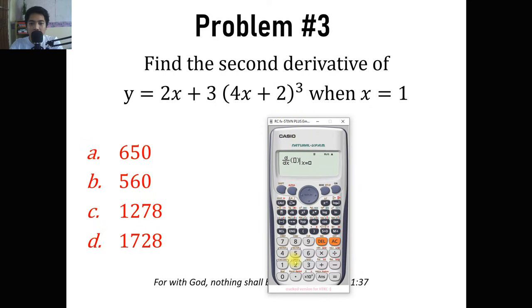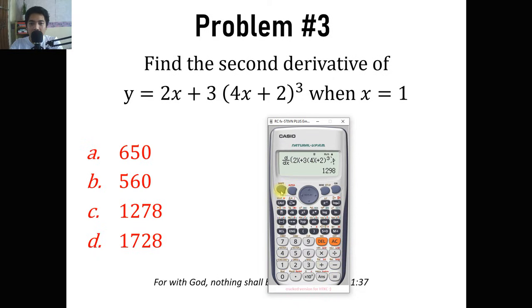So we're going to input this: 2 alpha x plus 3 quantity, we have 4 alpha x plus 2, and then raised to 3. That is our function, and then we're going to use 1 as our x, for our f prime x sub 1.